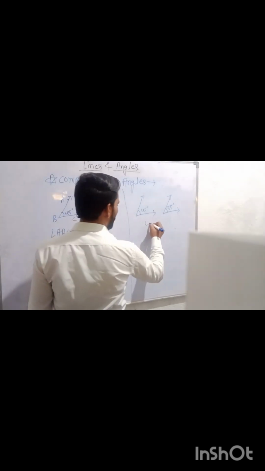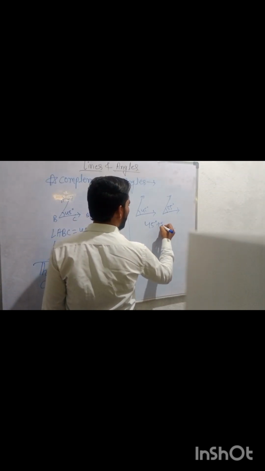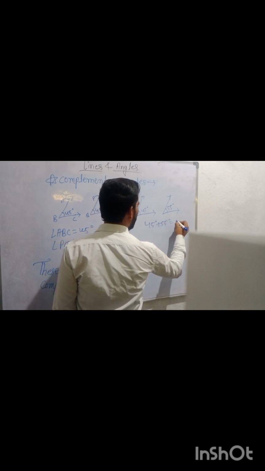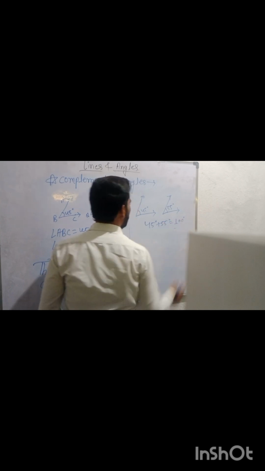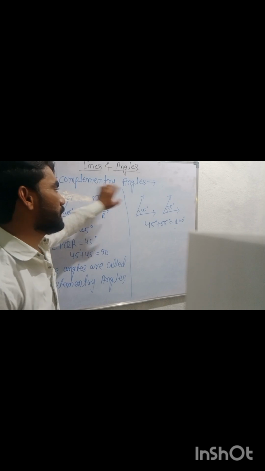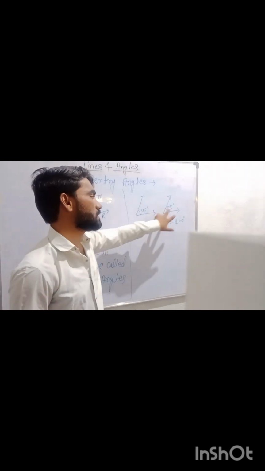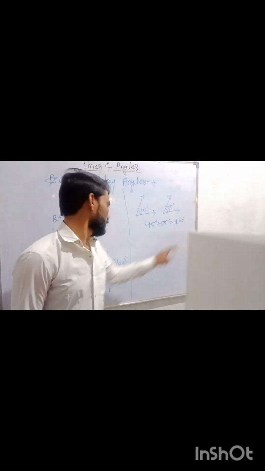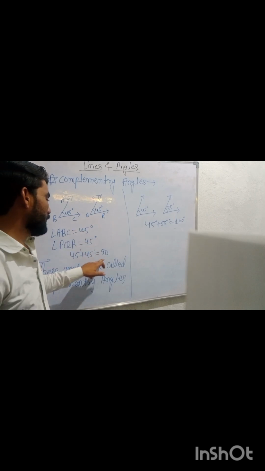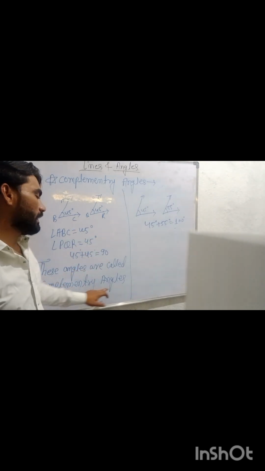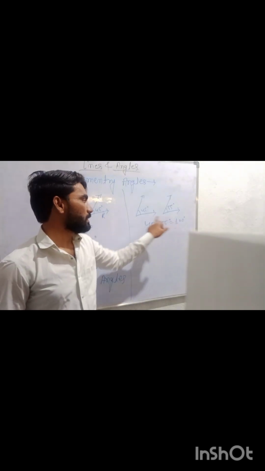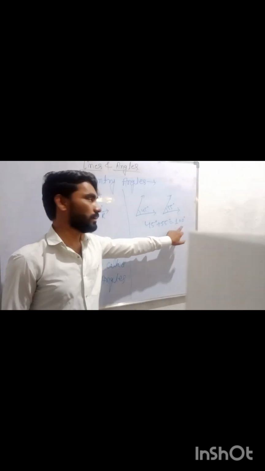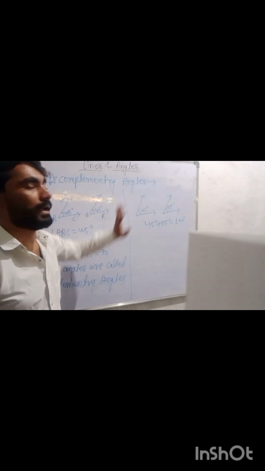When we add 45 degrees plus 55 degrees, we get 100 degrees. So we cannot call them complementary angles because these angles' sum is 100 degrees. Here the sum is 90 degrees, so we call them complementary angles. Here the sum is 100 degrees, so we cannot call them complementary angles.